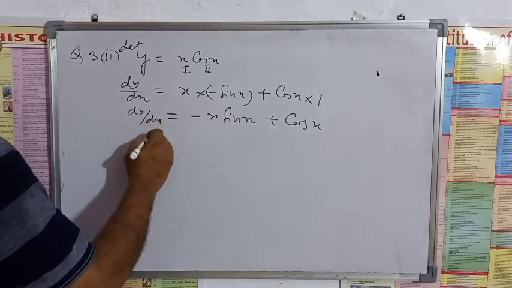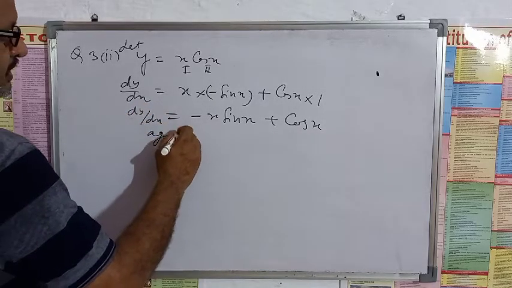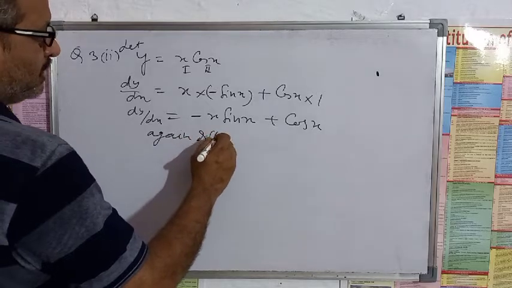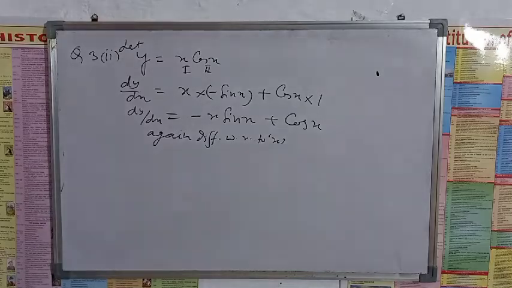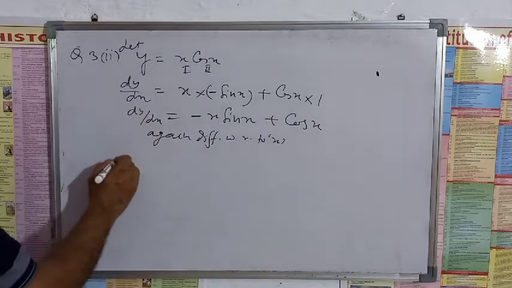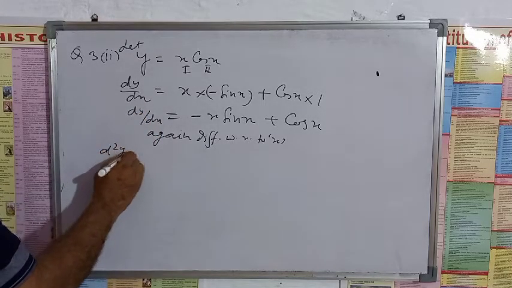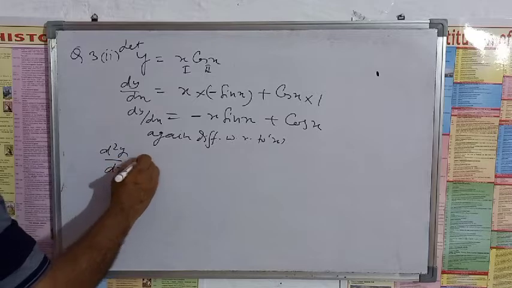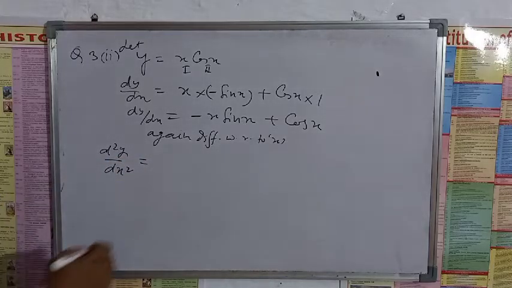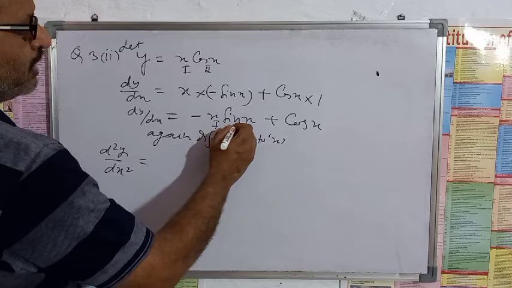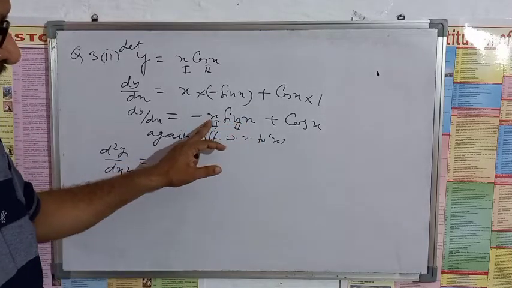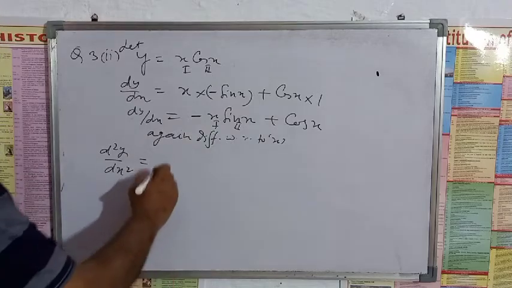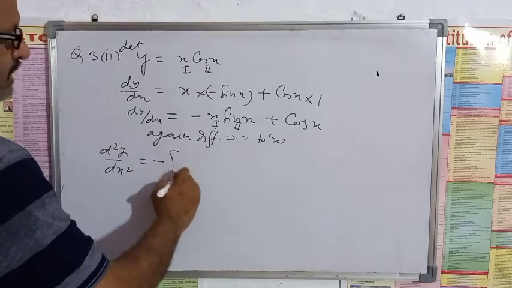dy by dx. Again differentiate it. Again differentiating it with respect to x. So left side we will write d2y by dx square. And here again apply the product rule. X into sine x. First function x, second function sine x. Keep minus sign outside.